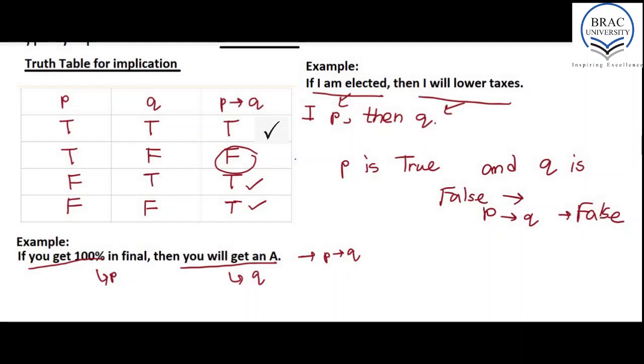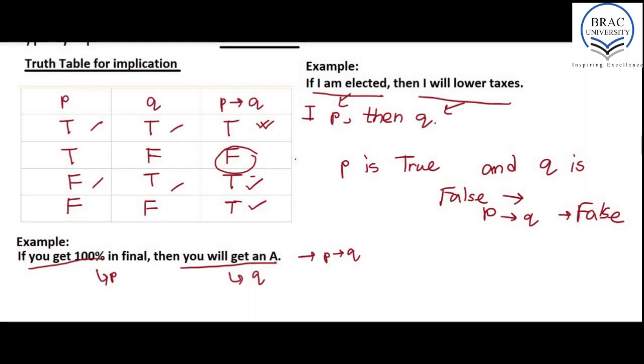So now let's see that if you get 100% in final, you expect an A. So this is true, the expectation is okay, this is correct. Now if you do not get 100% in final, but you get an A, this is also possible because there are other factors such as midterm and class tests and assignments.